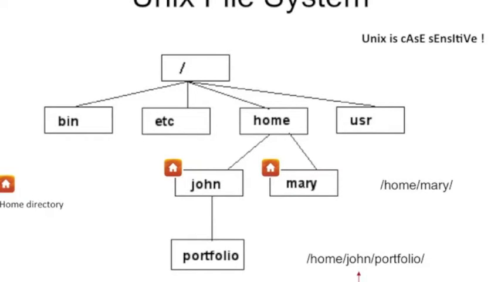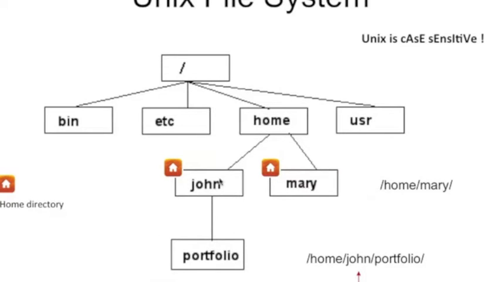For example, for Mary, this is how we refer to her home directory: /home/Mary/. Where does it come from? If you follow the tree, this is the /, the very first root, then there is home/Mary. This is how you indicate which directory you want to point to, similar to the path of a directory on your laptop.